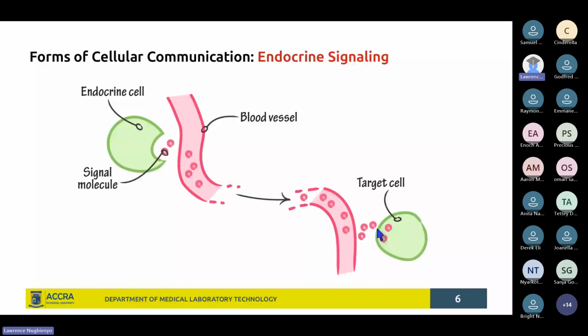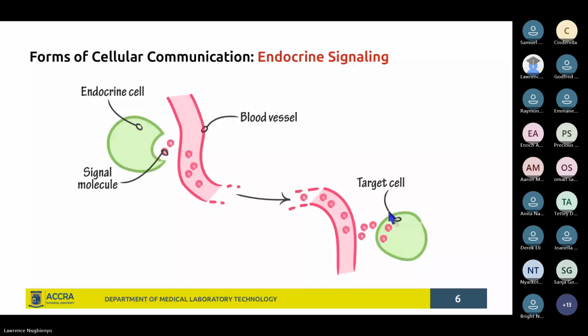This is different from, say, paracrine, which is secreting and directly binds to the target cells that are nearby. So you see that difference, that here you have the molecule that has a target cell that it will bind to.